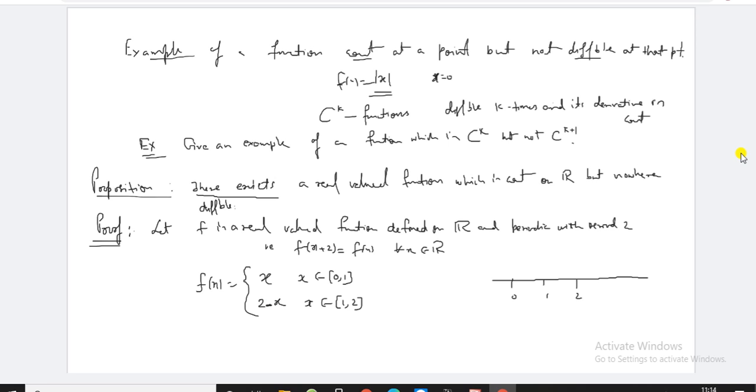So can you plot the graph? Suppose this is your y-axis, this is your x-axis.